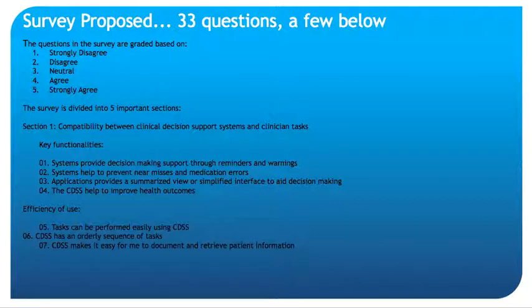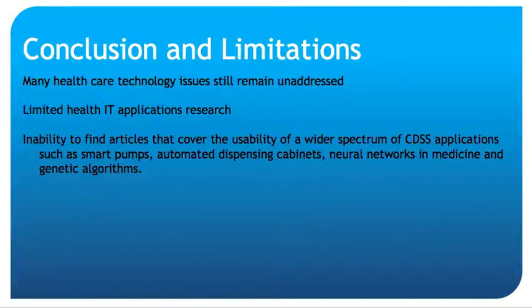But the goal would be that after the end of this class, I would still continue with my struggle to see if the survey is going to be accepted by the different hospitals. This is just a few questions in the survey and a total of 33 questions.